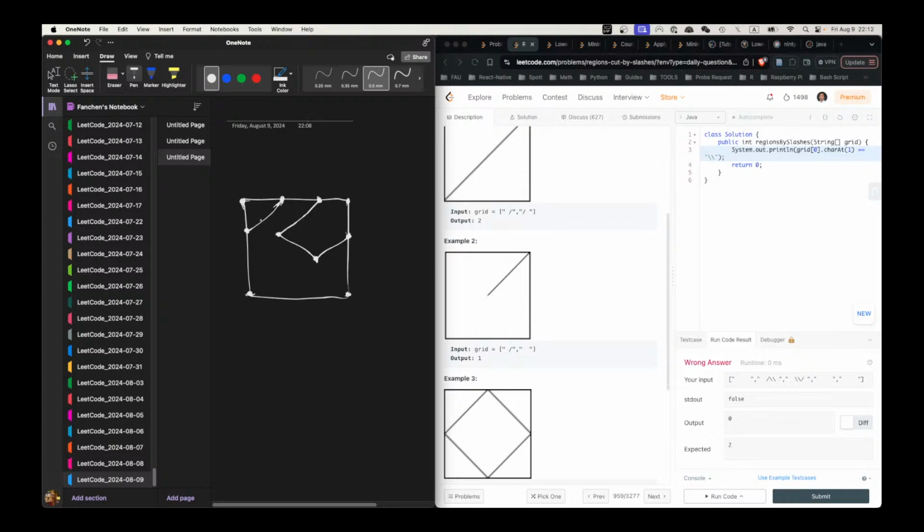I mean, I can definitely record these edges, right? This one I can record. This one I can record. This one I can record, and then this one I can record.